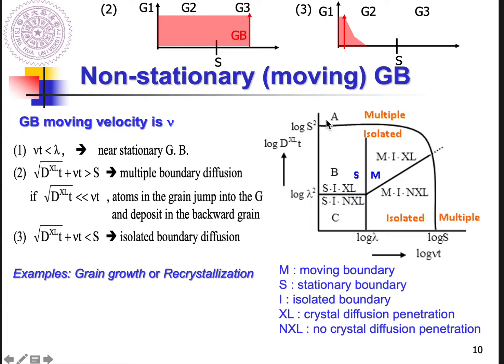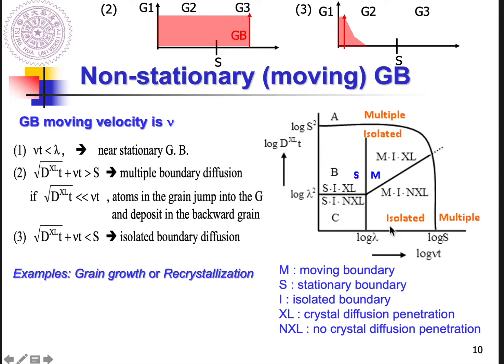Yes. If the diffusion distance √(Dxl t) is larger than S squared, or the √(Dxl t) is larger than S, then this belongs to multiple, and this region belongs to stationary, and this region we consider as isolated, right?